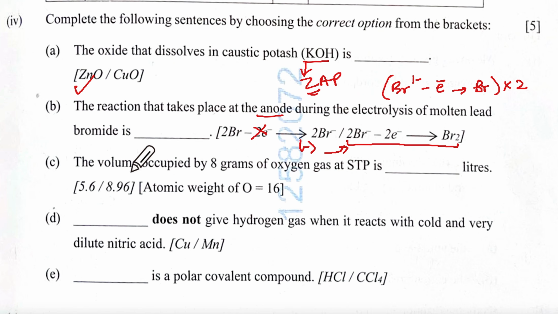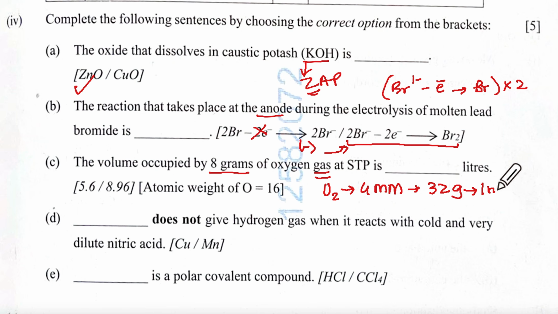Okay. The volume occupied by 8 grams of oxygen gas at STP is so many liters. Now let us look at oxygen as a molecule, O2. So it will have its GMM equal to 16 times 2, 32 grams. Correct? Now they are saying this 32 grams will be 1 mole.